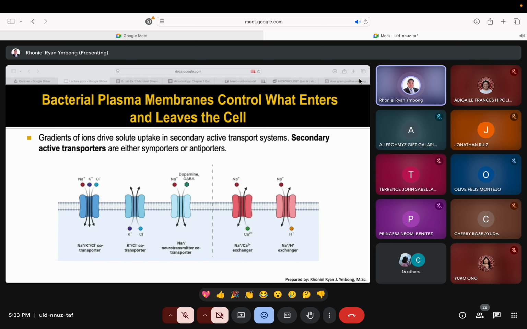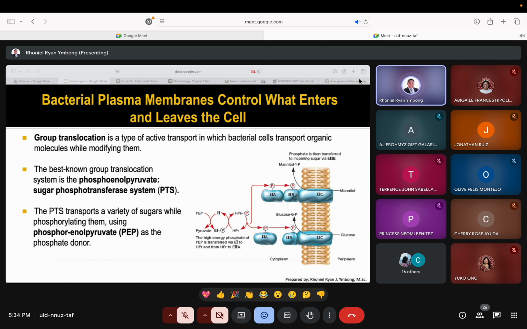So they eventually move towards or can also move outside your plasma membrane. But if they are moving together, then that is a symporter type of transport. And if they are moving together but in different directions, then that is what you call an antiporter type of transport. So, sayon-sayon na siyang tanawon. And inyuhang i-take note rin jud is how many types of nutrients and the directional movement of the transfer of nutrients.